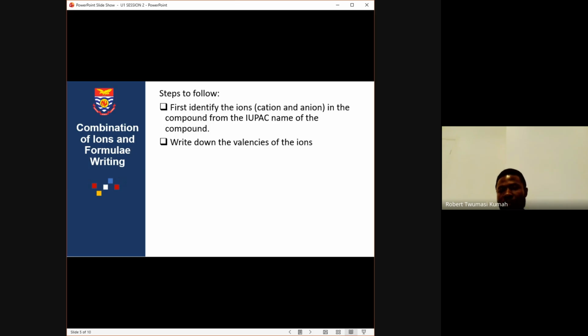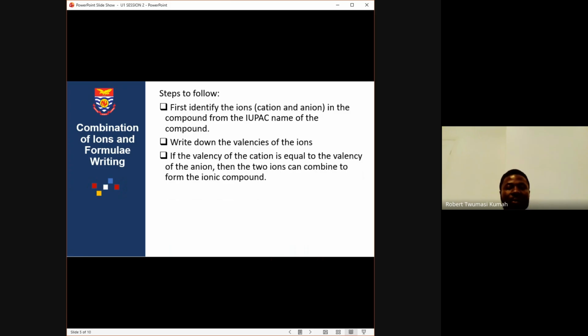But mind you, what we are doing now has got to do with ionic compounds. We are writing ionic, inorganic compounds, because how we're going to write a chemical formula for these compounds will be different from how you're going to write for organic compounds. The same methods will not work for organic compounds.